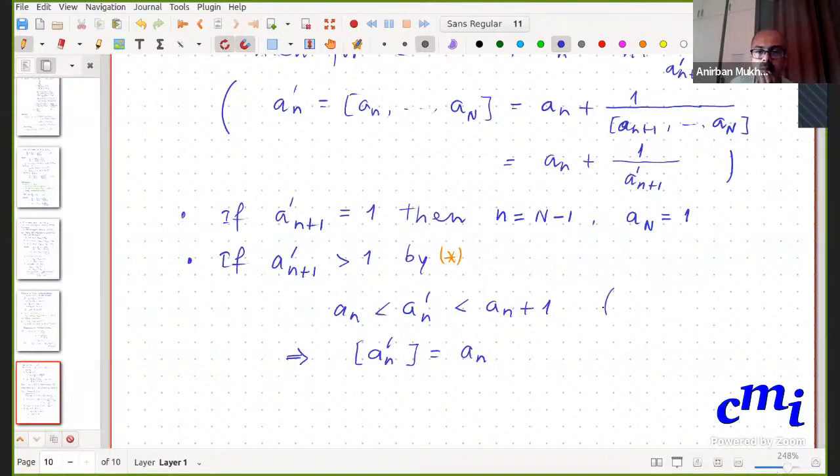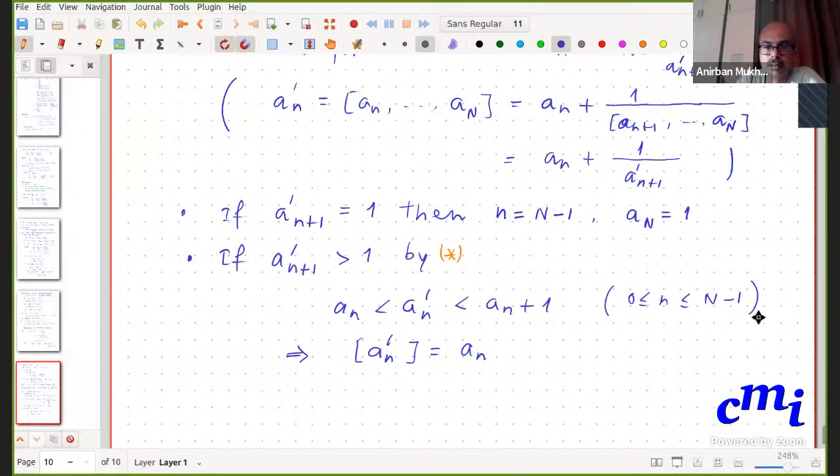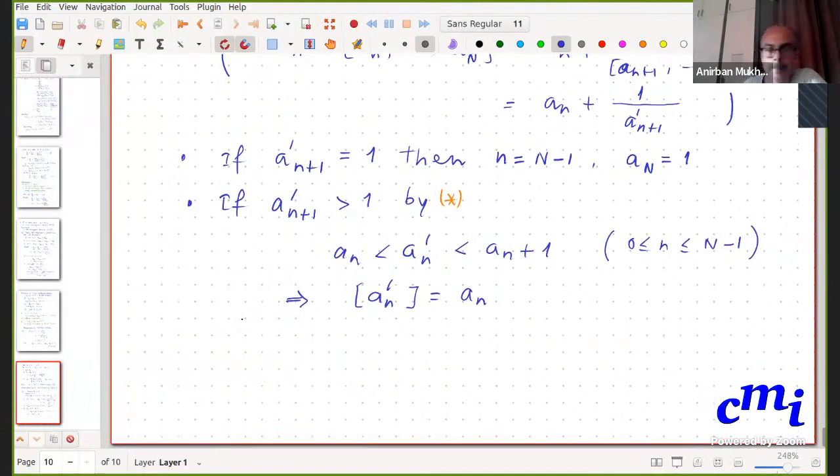Yeah, so this is going to hold for 0 less than or equal to n less than N. And for the last entry, it is obvious. For the last entry, a_N is going to be a_N', because there is nothing remaining, and it's just an integer.